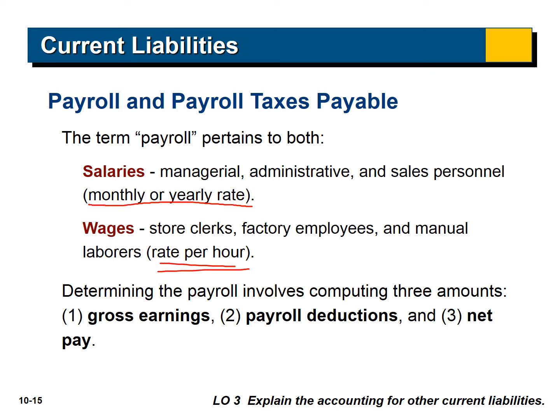Determining payroll involves computing three amounts: gross earnings, which is the total salary or wages you've earned; payroll deductions, which is the amount they take out of your paycheck for things like Social Security taxes; and the difference is your net pay. That's the check that the employee would receive. That's the check amount.